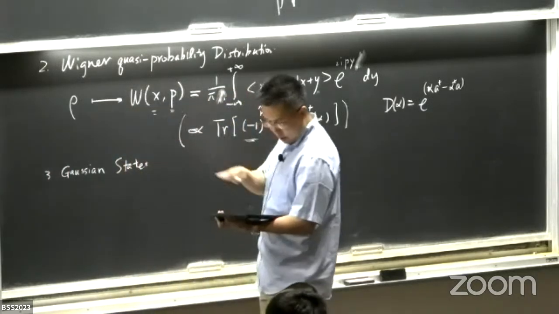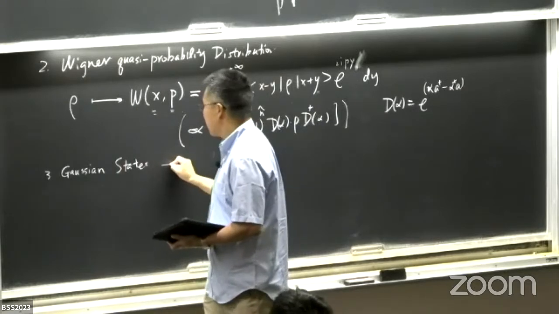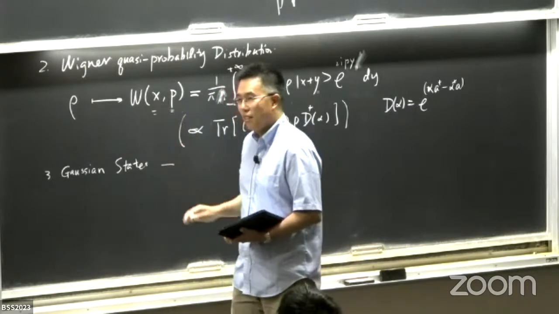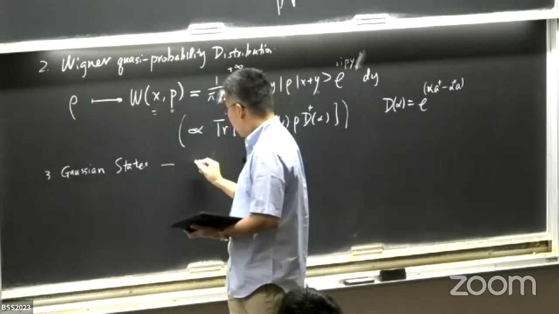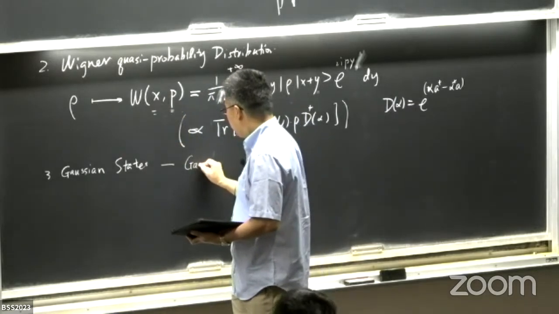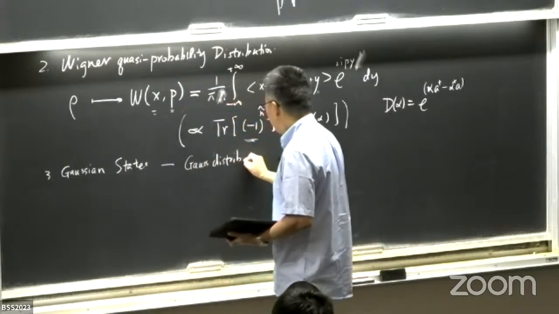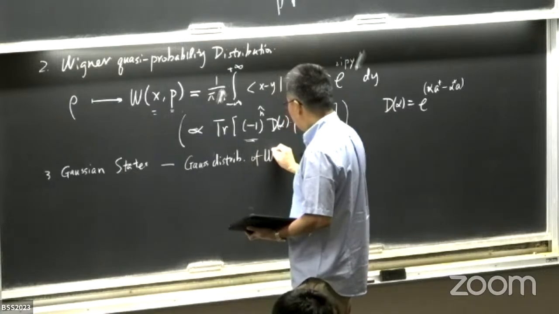So I'll give more details in the notes, but the Gaussian state is very easy. It's basically that the Wigner function is a Gaussian. Okay, Gaussian states have a Gaussian distribution of this Wigner function.